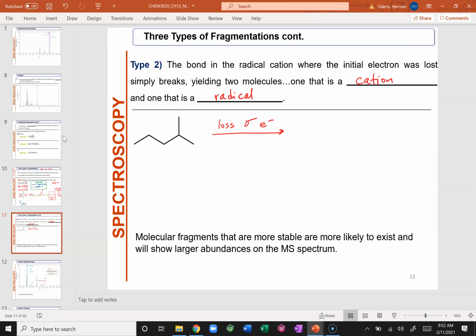Remember that every sigma bond is made out of 2 electrons. So here, you could knock out any of those electrons, including the CHs also. They're not shown there. Those would be the easiest ones to knock out because those are outside the molecule.